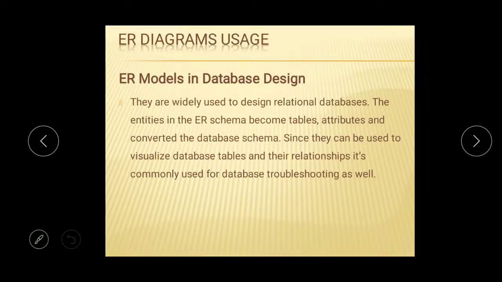First, ER model in database design. They are widely used to design relational databases. The entities in the ER schema become tables, and attributes are converted into the database schema. Since they can be used to visualize database tables and their relationships, they are commonly used for database troubleshooting as well.